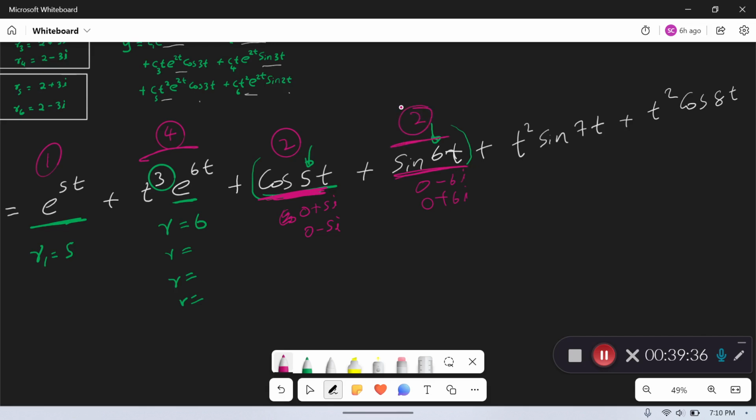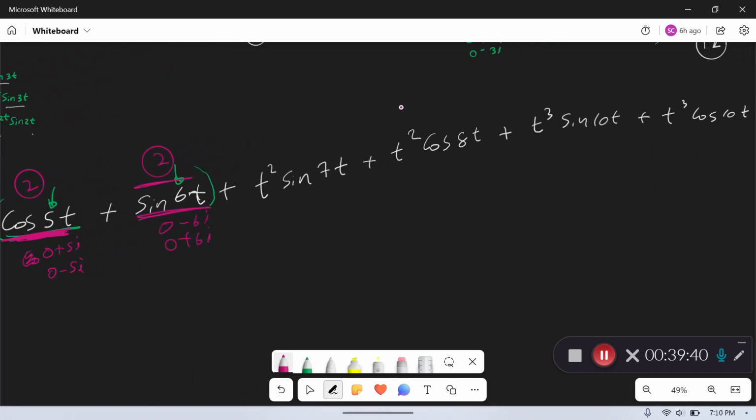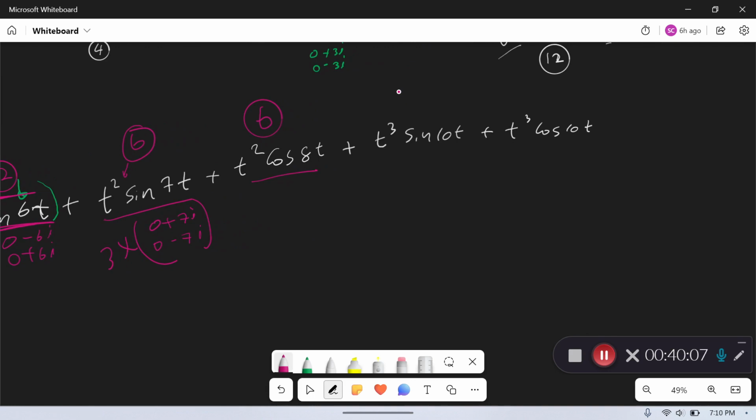So that's 2 more. And then, how about this one? That's another complex root, right? So we have 0 plus 7i, 0 minus 7i, and it is repeated 3 times. So 2 roots repeated 3 times, you will have 6 roots. This is also the same. You have 6 roots.